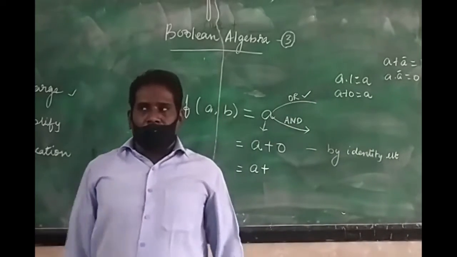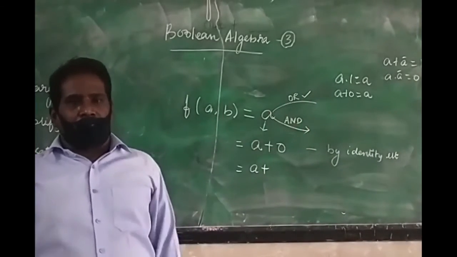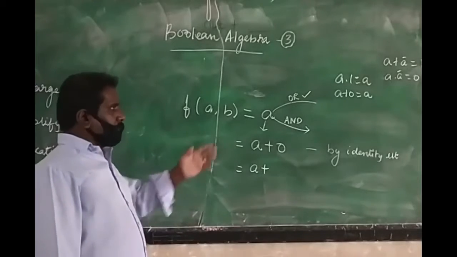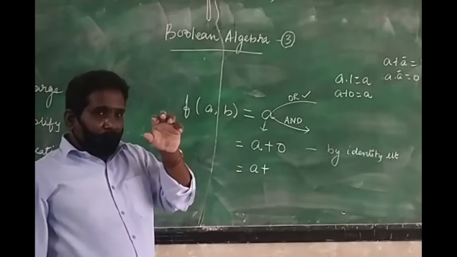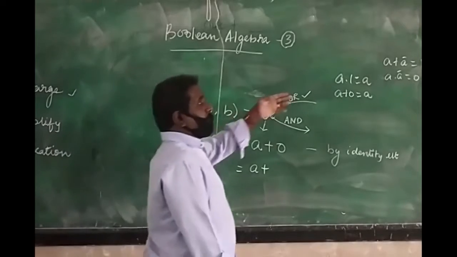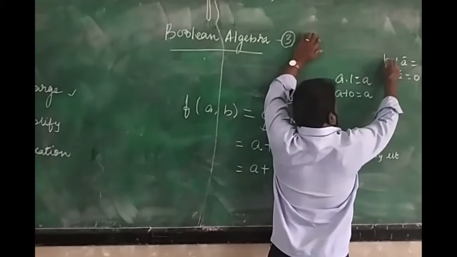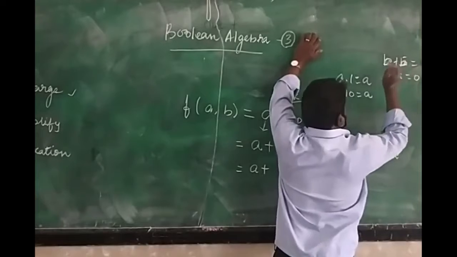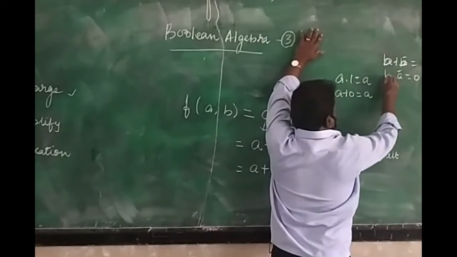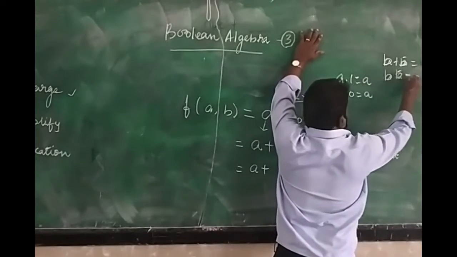But the complement law is related to variable a. I am going to use b instead of a. So b plus b bar equal to 1, and b dot b bar equal to 0.